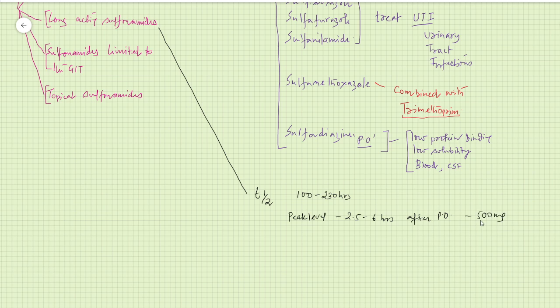So if one administers 500 milligrams orally, then this drug would attain peak levels in 2.5 to 6 hours, and it would have a half-life between 100 and 230 hours. So what's the clinically used important drug? The important drug is sulfadoxine.